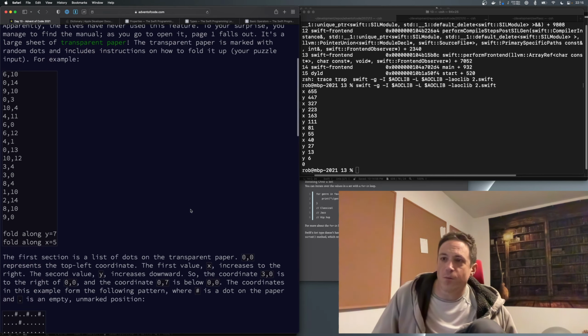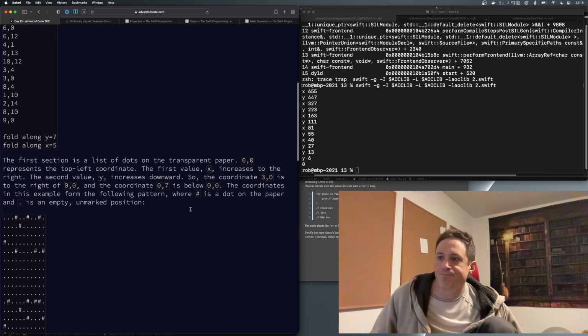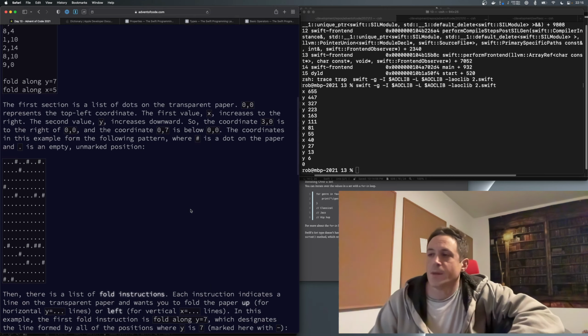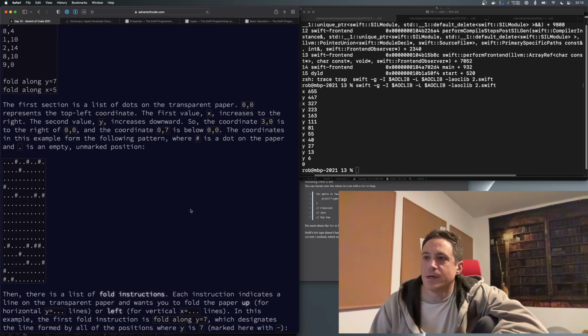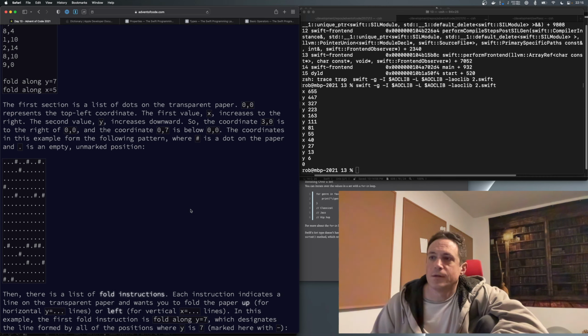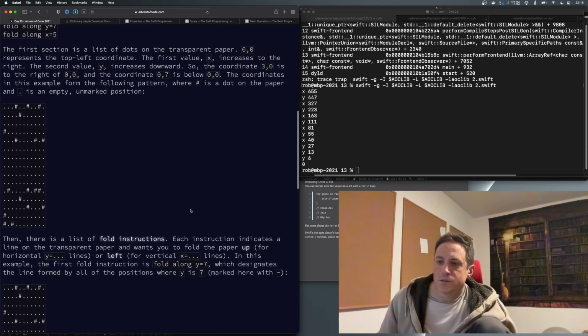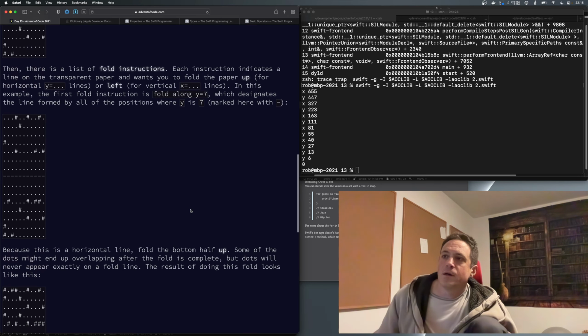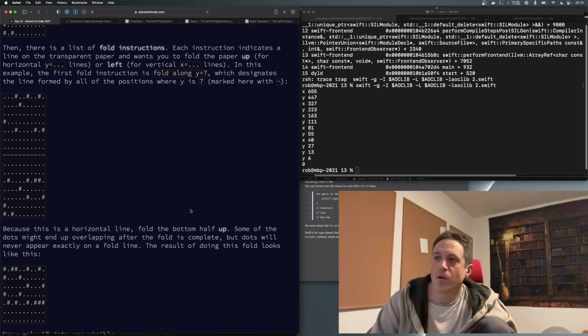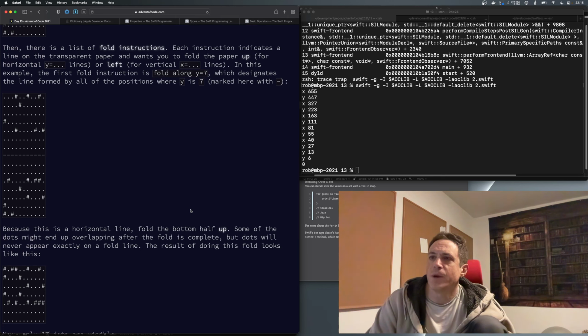So now we're going to do a whole bunch of folds, right? List of dots. First X, Y down. Yeah. So we got this. So fold instructions. Align, I want you to fold the paper up or left.